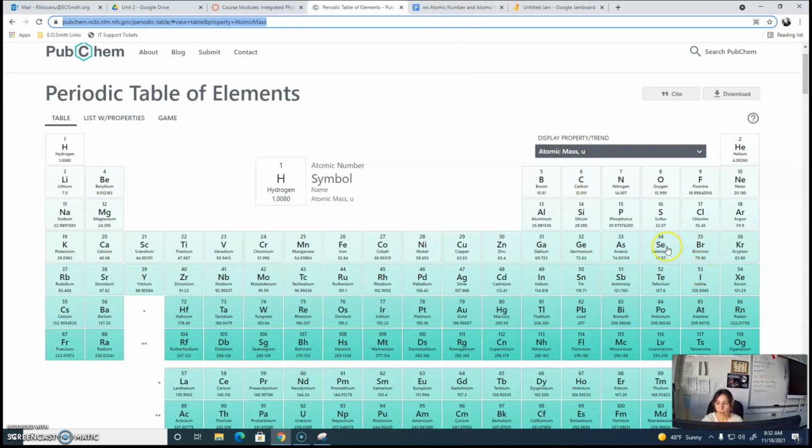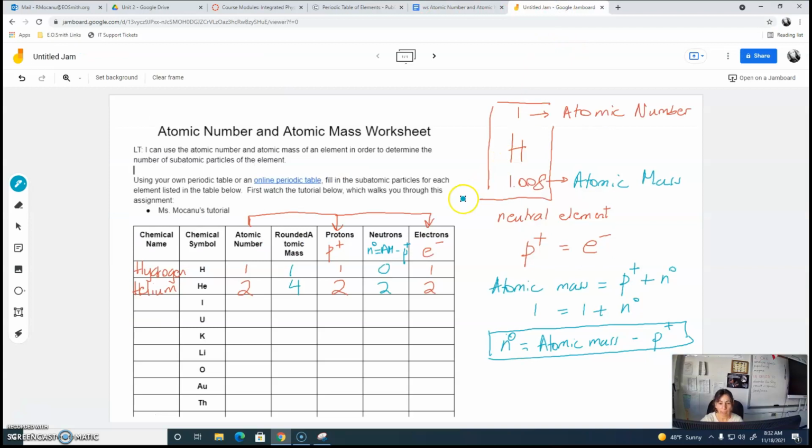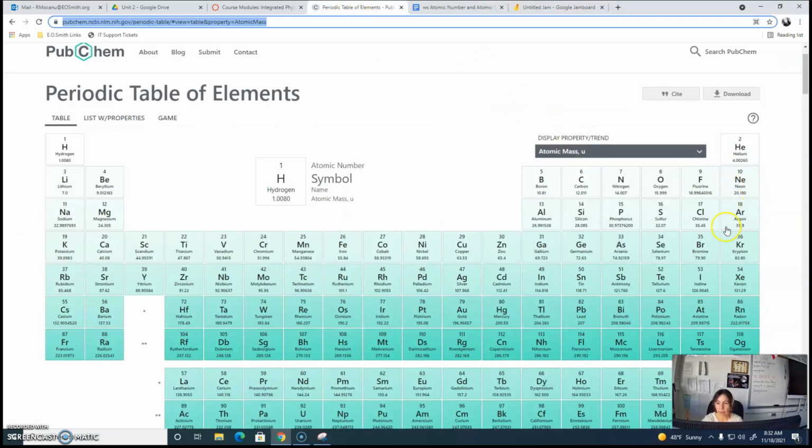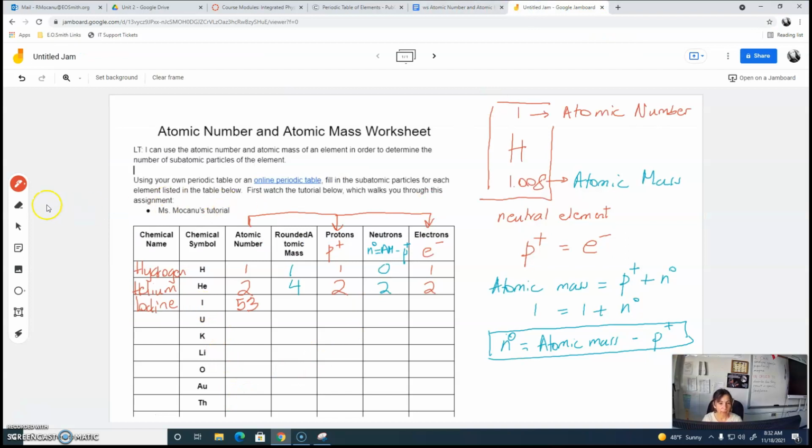It has an atomic number of 53, so I'm going to write that. So I got iodine, atomic number of 53. And my atomic mass for iodine is 126.90. I'm going to round that to 127 because that is the closest whole number, so I'm going to write 127 under my atomic mass. How about the number of protons?